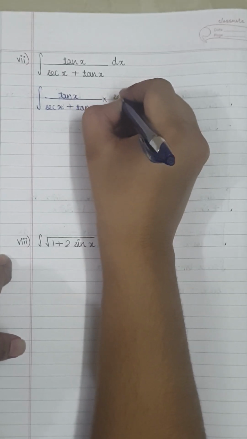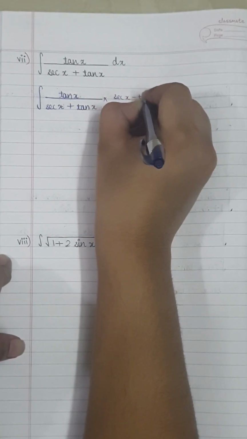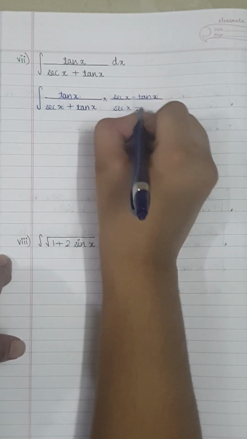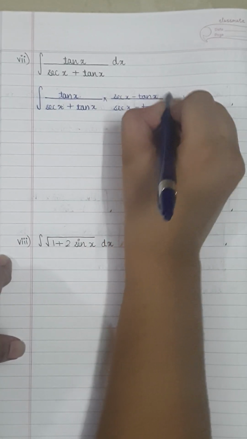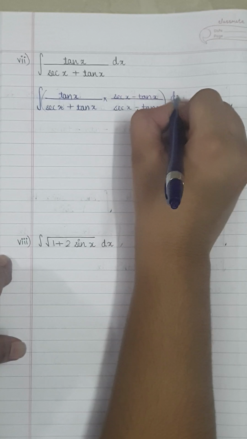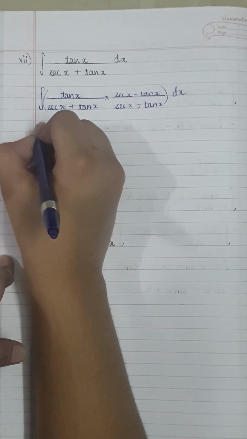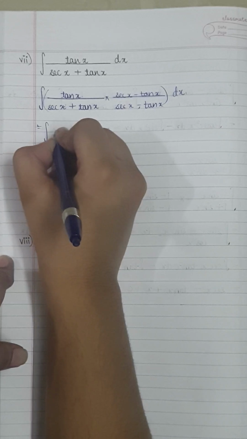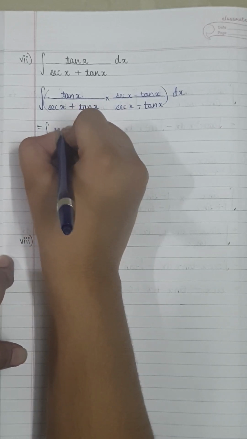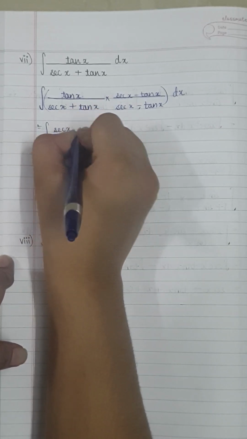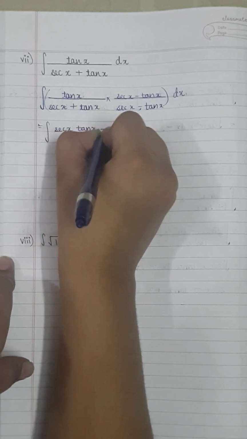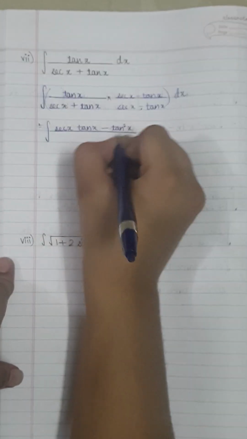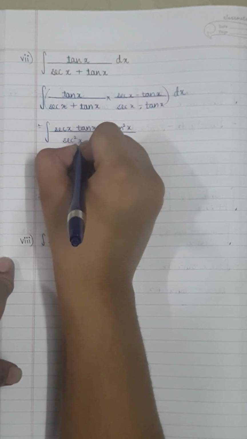Multiply that by sec x minus tan x upon sec x minus tan x dx. Now you can write that as sec x tan x minus tan square x upon sec square x minus tan square x.